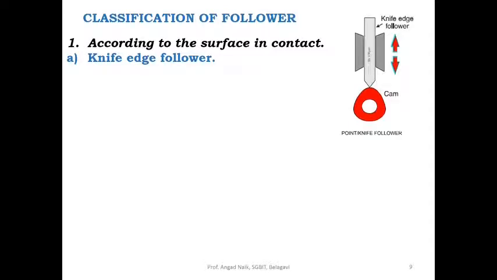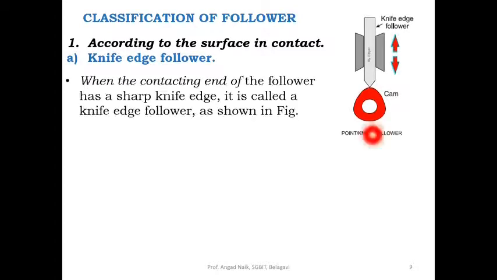The knife edge follower is seen in the right side figure. It is called a point or knife follower. When the contact end of the follower, so this is the contact end of the follower, has a sharp knife edge, it is called a knife edge follower. This can be seen in the figure.